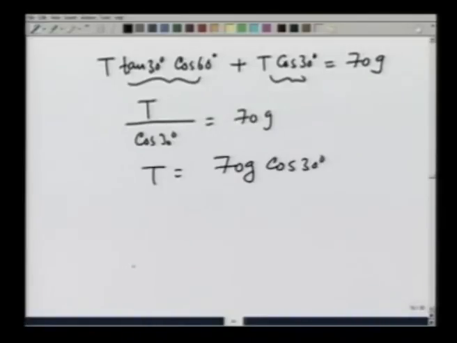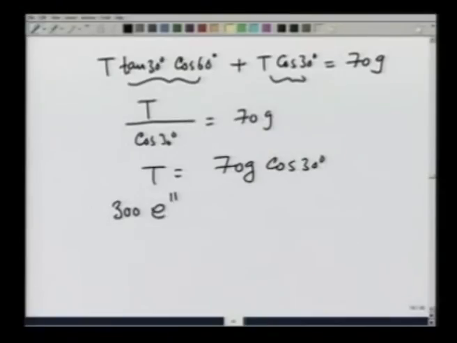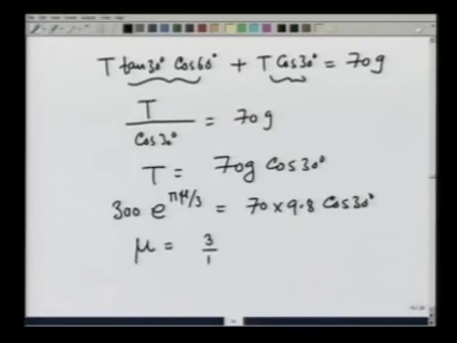T we have already calculated is 300 newtons times e raised to pi mu divided by 3, which is equal to 70 times 9.8 cosine of 30 degrees, and therefore, mu comes out to be 3 over pi log of 70 g cosine 30 degrees over 300.